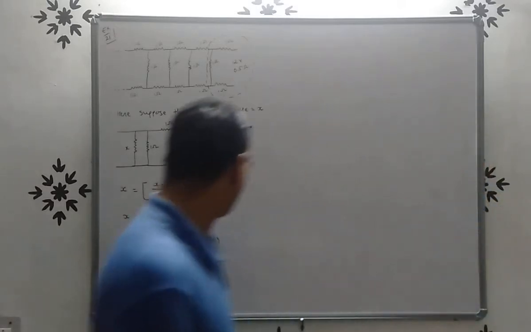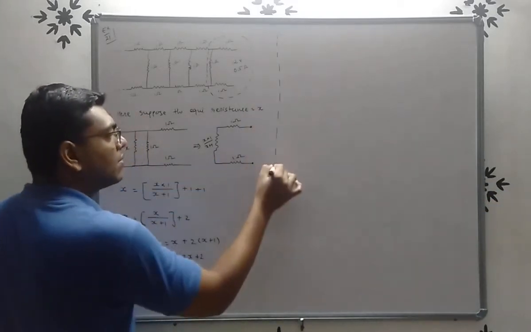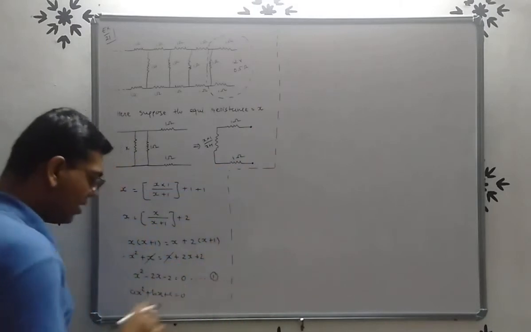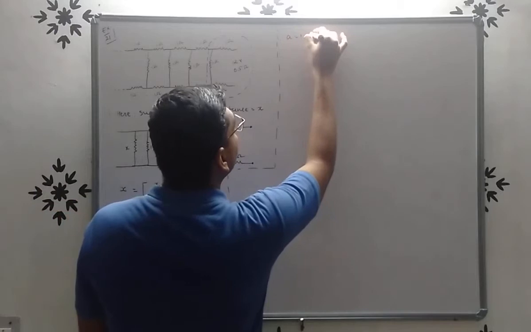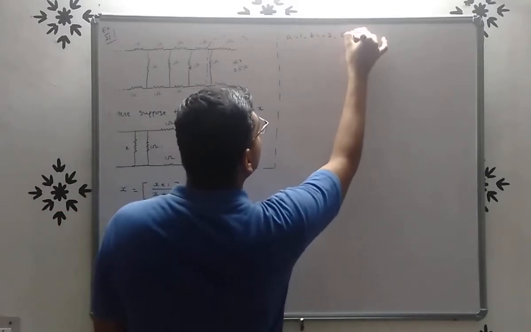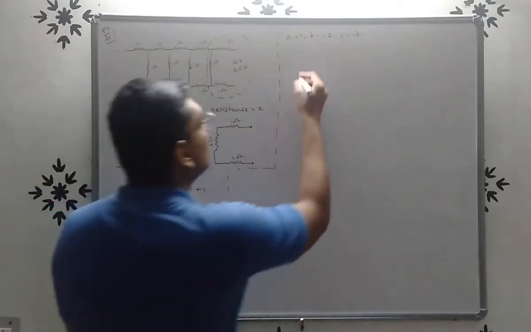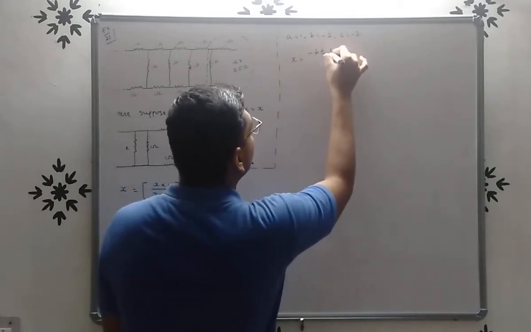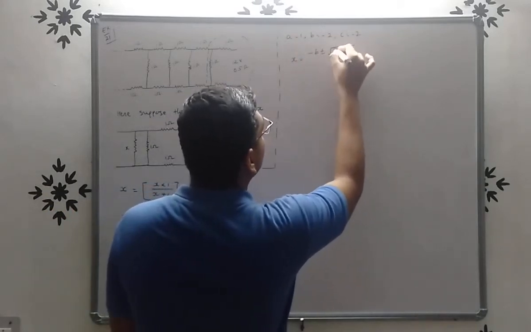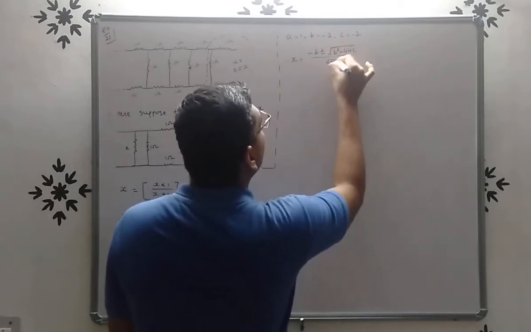So here the value of a is 1, b is equals to minus 2 and c is equals to also minus 2. Right. So to find out the value of X, we know the formula X is equals to minus b plus or minus square root of b square minus 4ac upon 2a.